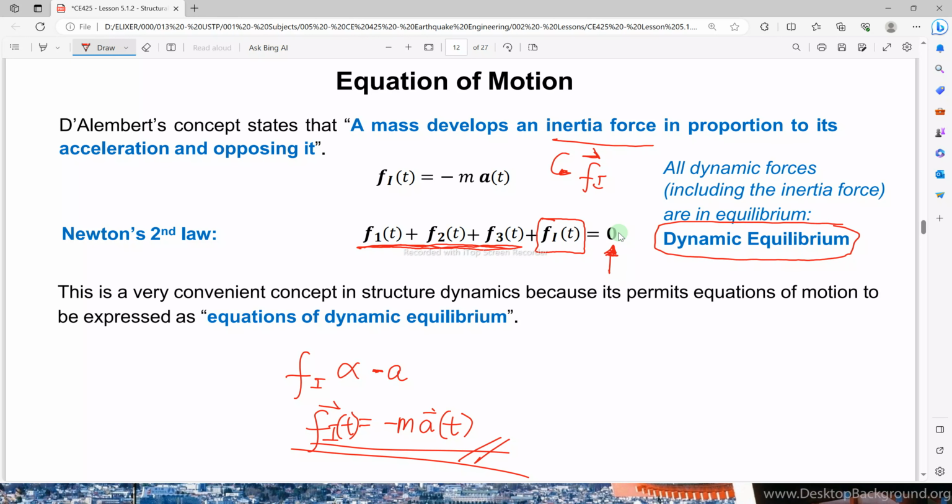This is a very convenient concept in structural dynamics because it permits equations of motion to be expressed as equations of dynamic equilibrium. So the concept of dynamic equilibrium is that the summation of all applied vector forces plus the inertia force as a function of time is equal to a null vector.